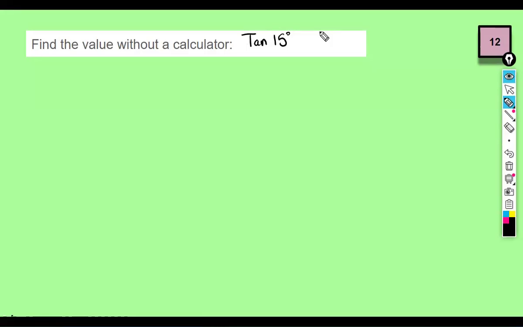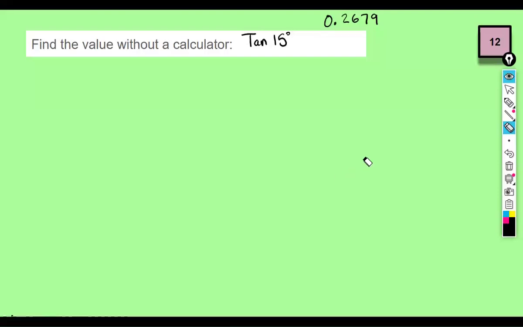Right, and I'm getting tan 15, when I work it out on the calculator, I'm getting 0.267 or something like that. Well, I know you're going to round it off or whatnot, right? So let's say that, well, we're not pretending. Let's say this exact question came in the exam.